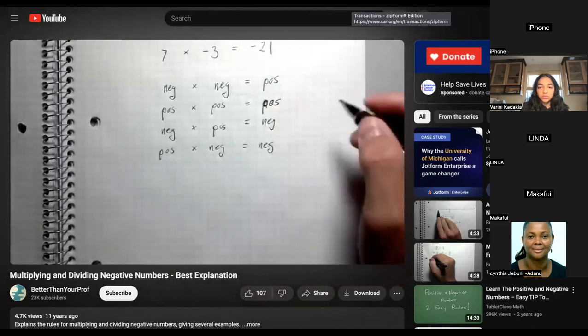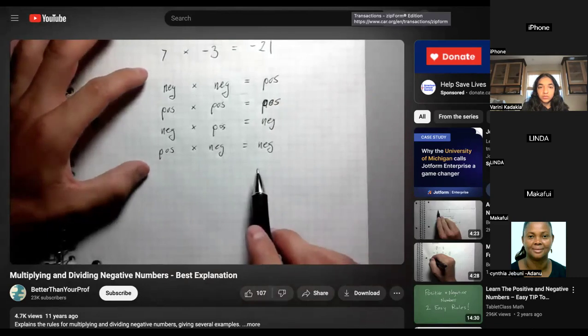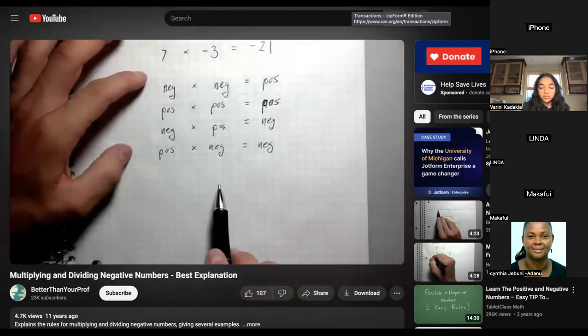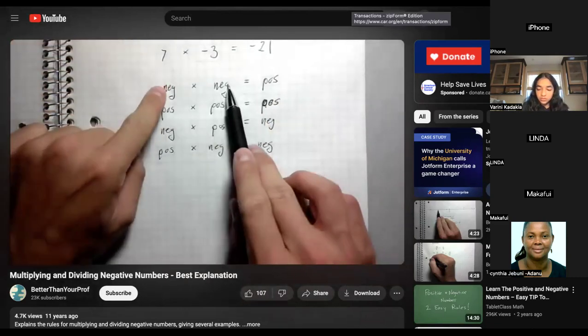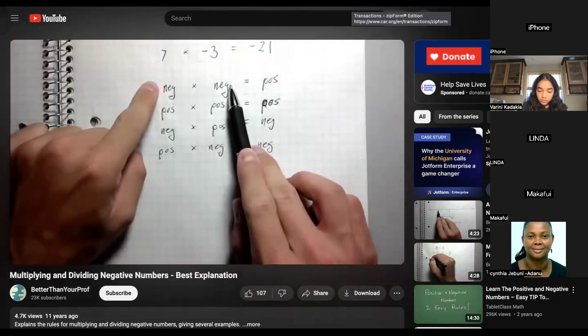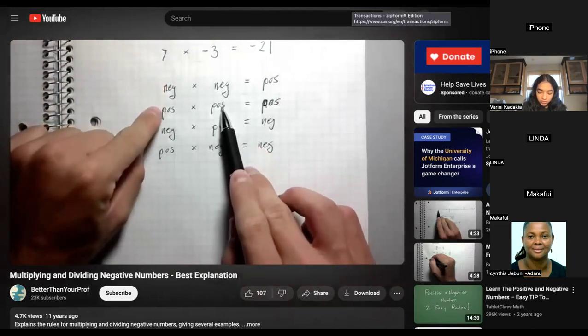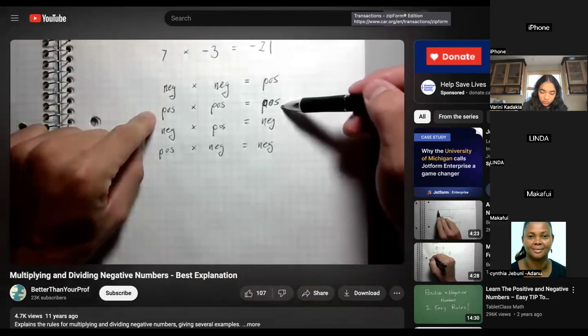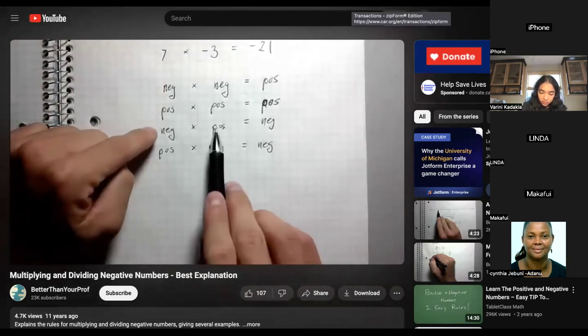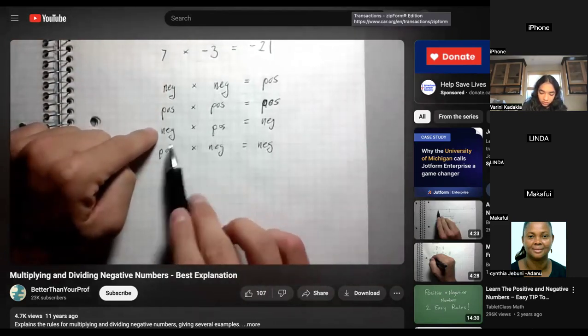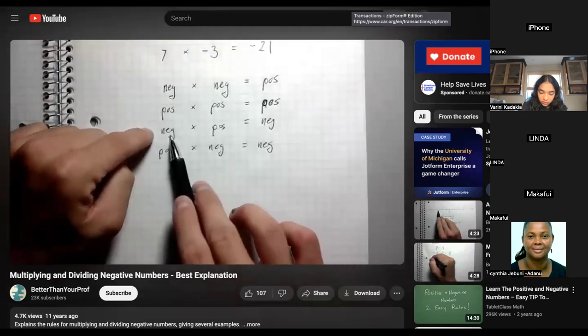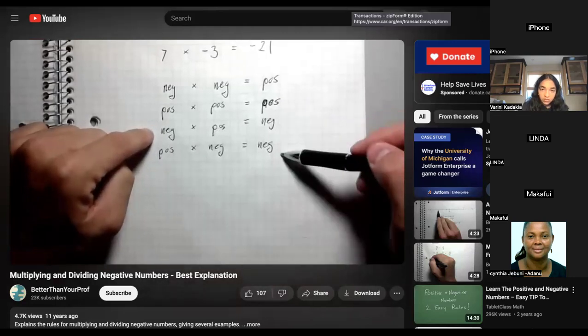Look at this set of rules for a second. Notice something. If the two things are the same, meaning they're both negative or both positive, the result is always positive. If the two things are different, meaning one is negative and the other positive, the answer is always negative.